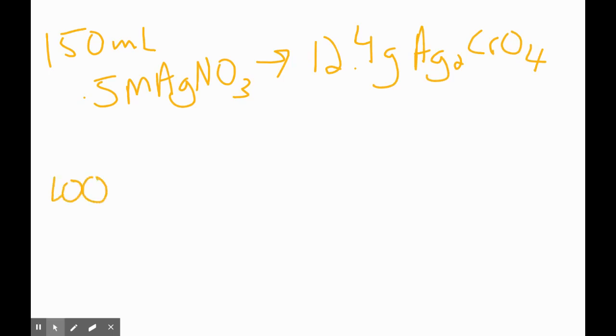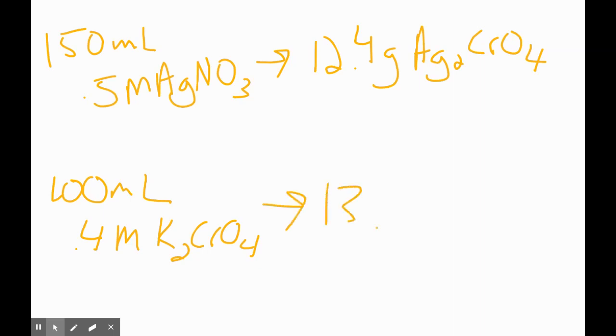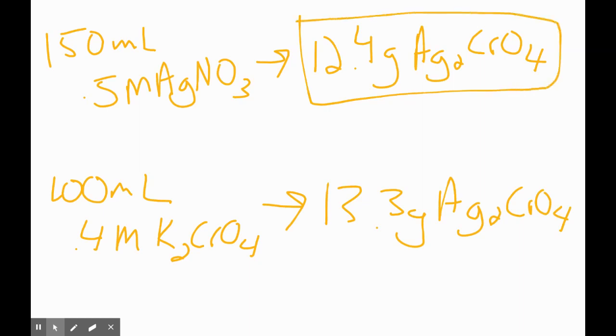Using 100 milliliters of the 0.4 molar potassium chromate produces 13.3 grams of silver chromate. Okay. So the most silver chromate that can be produced is the 12.4 grams of silver chromate, and that was produced using the 150 milliliters of 0.5 molar silver nitrate. So 0.5 molar silver nitrate is our limiting reactant for this problem.